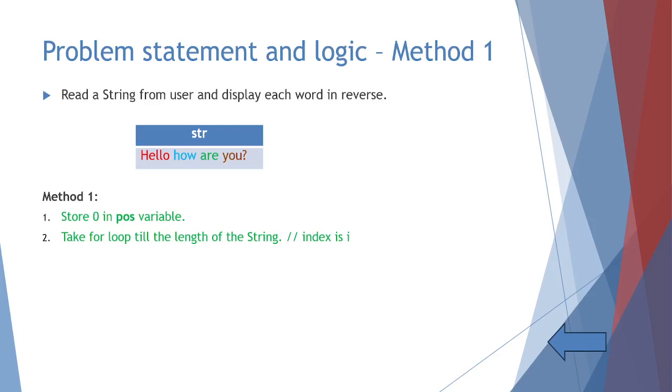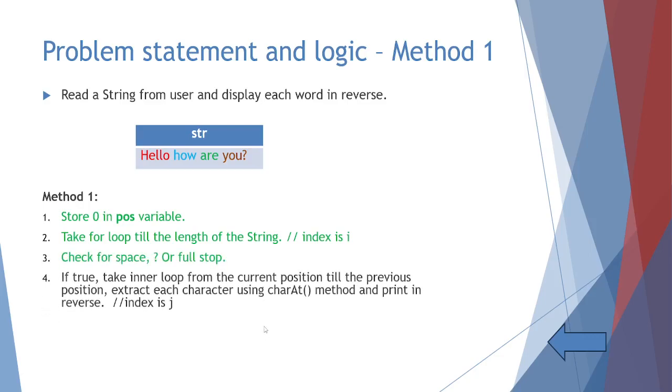When the outer loop reaches the next space, again the word should be reversed, but it should be stopped at h in how. So position is a very important variable in this method. And the inner loop and outer loop keep continuing. This is the logic of the first method.